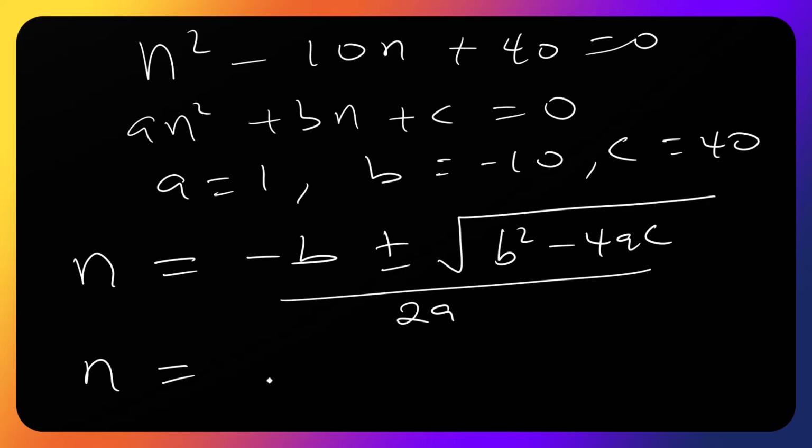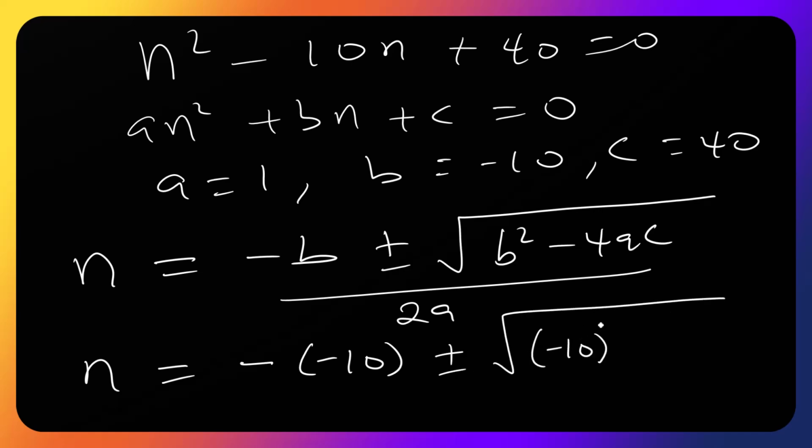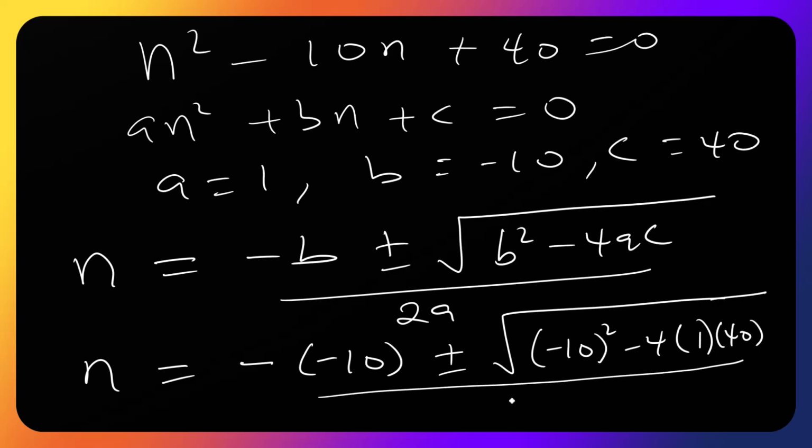Minus b, and this side is minus 10, so minus minus 10, plus or minus the square root of 10 squared minus 4 times 1 times 40, on 2 times 1.